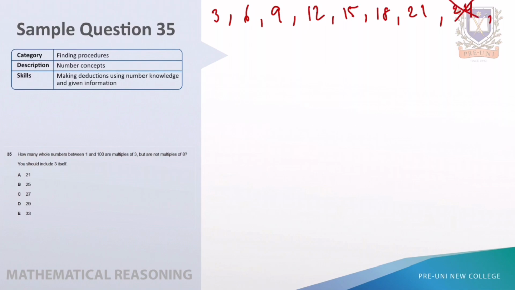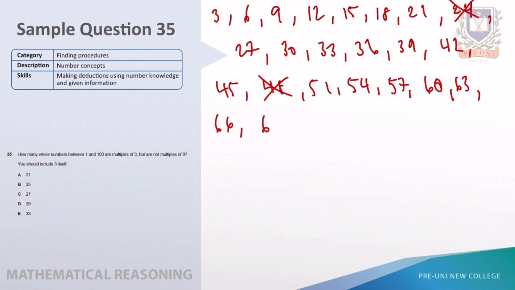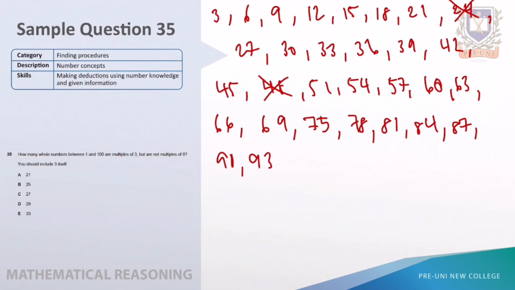Now 24 is a multiple of 8, so we don't include it. 27, 30, 33, 36, 39, 42, 45, 48 is also a multiple of 8, so we cross that out. 51, 54, 57, 60, 63, 66, 69, 75, so we crossed out 72, 78, 81, 84, 87, 90, 93, 96 is a multiple of 8, so we don't include it, and 99.